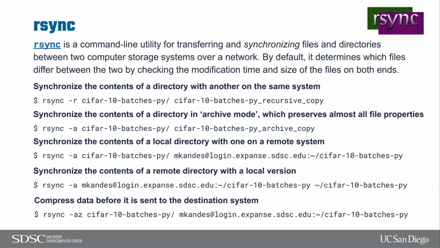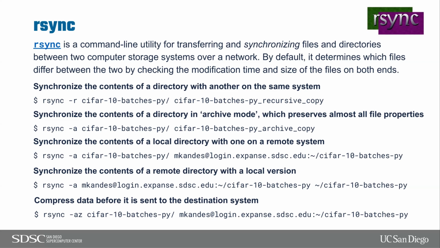So if you want to have the data set on your laptop, HPC system 1, and HPC system 2, you can use rsync to regularly make sure that all of those files and directories are the same, which is pretty cool, right?